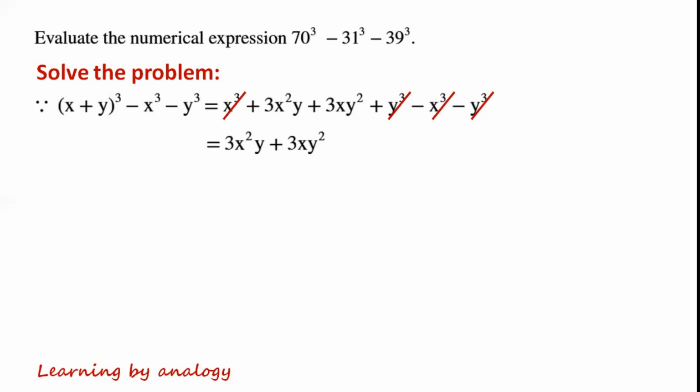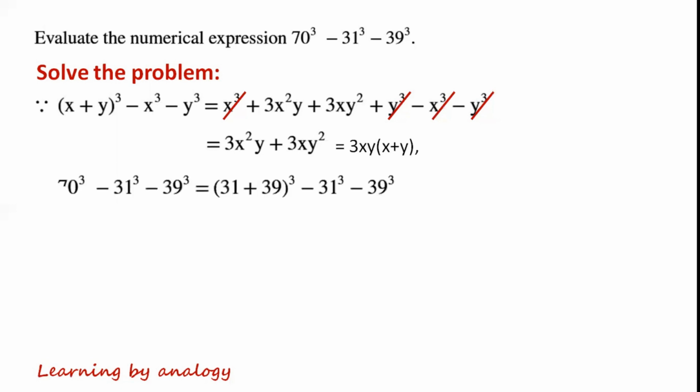So we have 3x squared y plus 3xy squared equals 3xy times (x plus y).